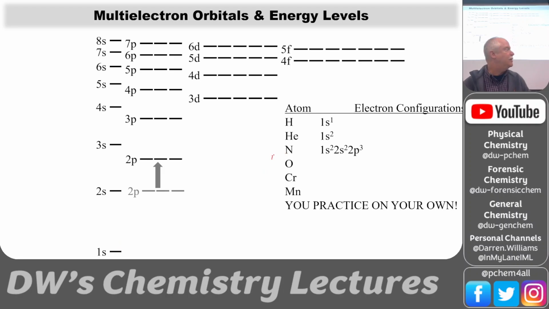And so oxygen, we look up there, we see that it has 8 electrons. Okay, so we put 2 here, 1, 2, and then we go up to the next one, 3, 4, and then here, let's pay attention. Hund's rule says we put them all spin up first before we start pairing them.